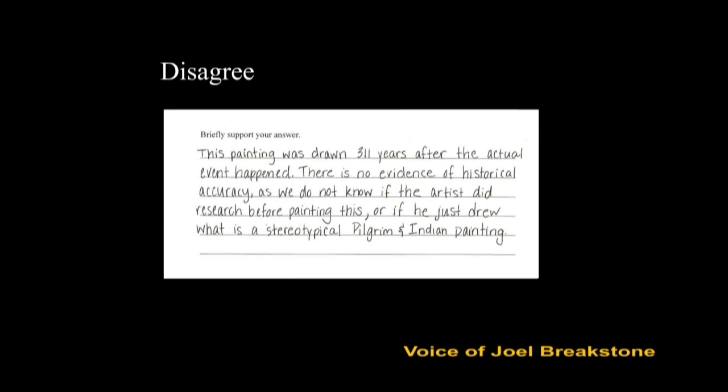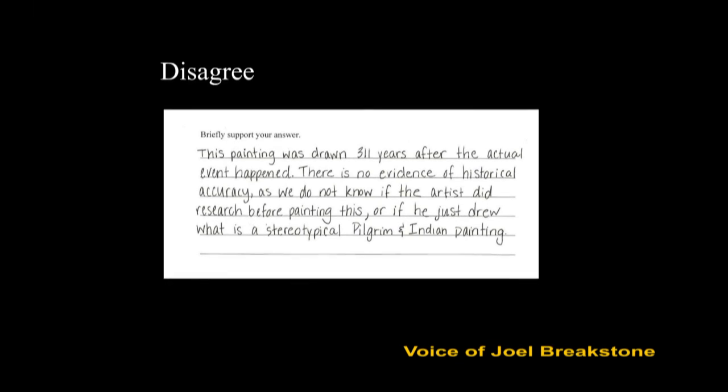But what is striking is the student has both identified the danger of using a document so far removed from the event that it depicts, but they've also acknowledged that if we knew more about what the artist did in advance of creating the document, it might change the way that we think about it.